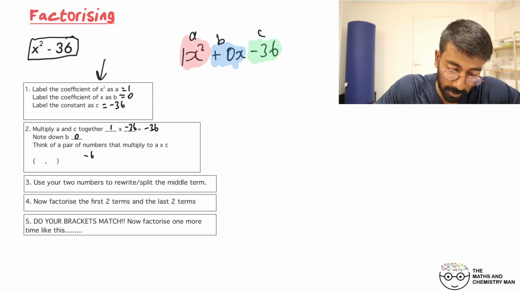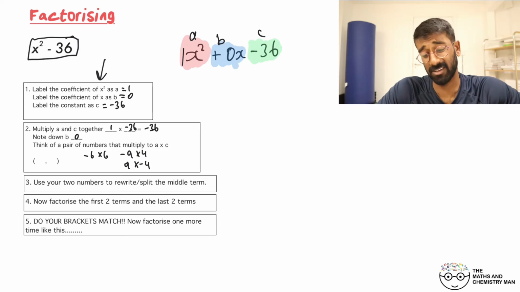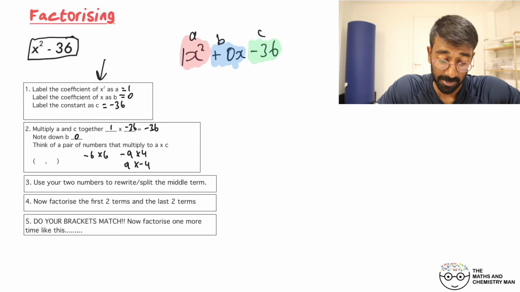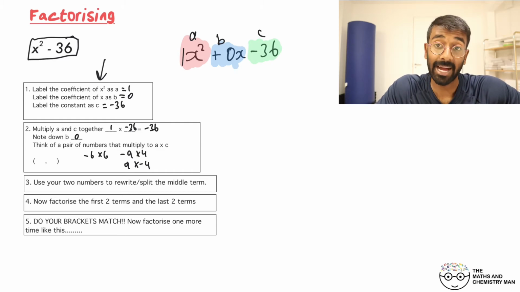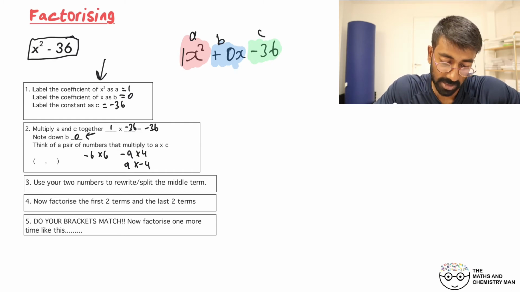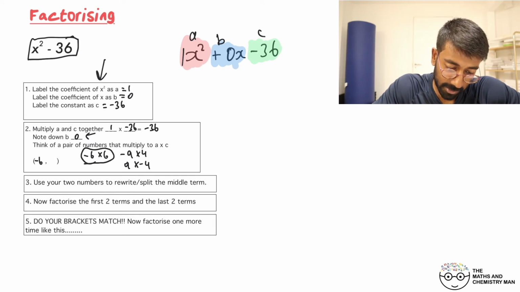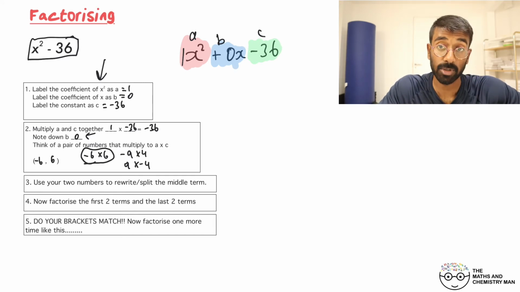So that's going to be, well, minus 6 times 6, or maybe minus 9 times 4, or 9 times minus 4. I think that'll do for now, to be honest, because what we need to do is select the one that adds to give us how much? 0, because that's what b was. And the one that's going to give us 0 is right here. That's minus 6 and positive 6.